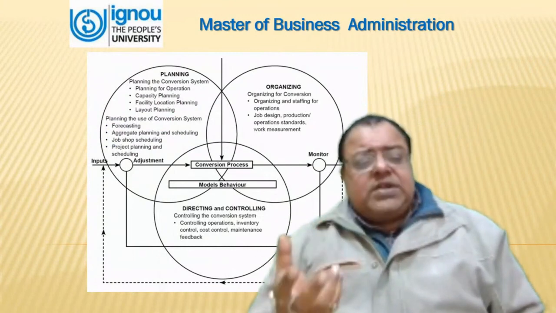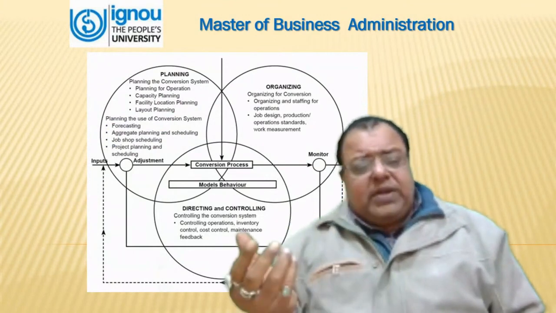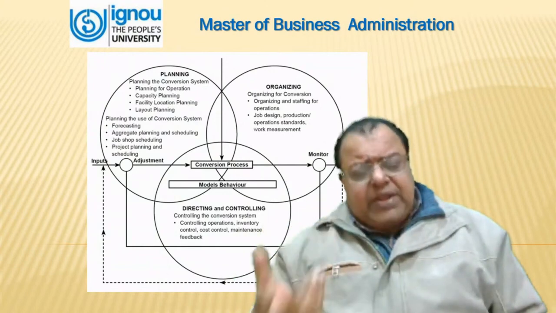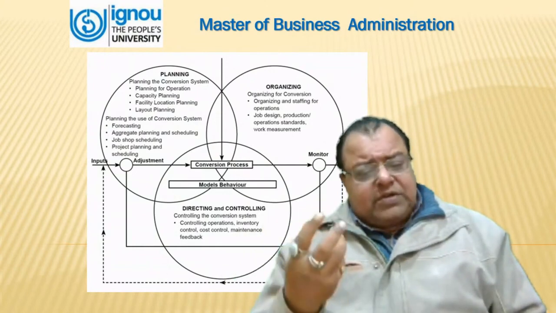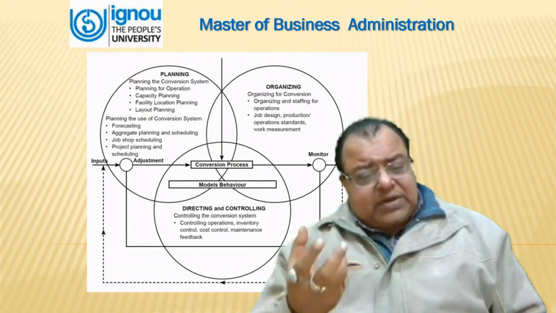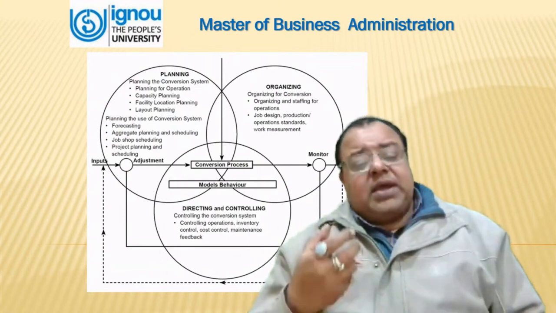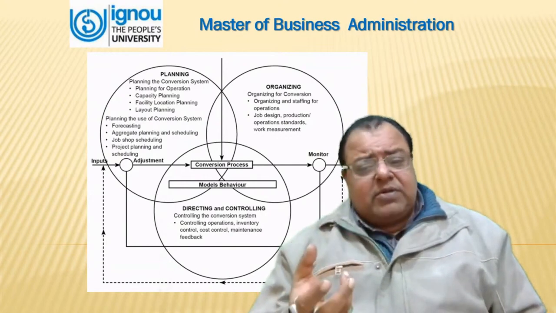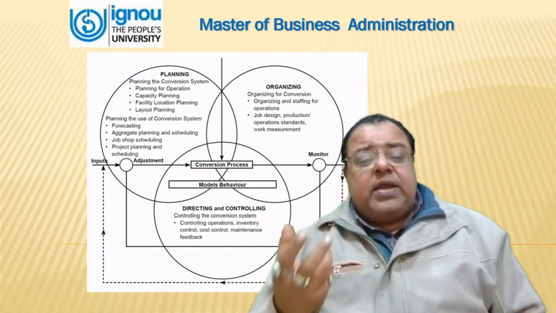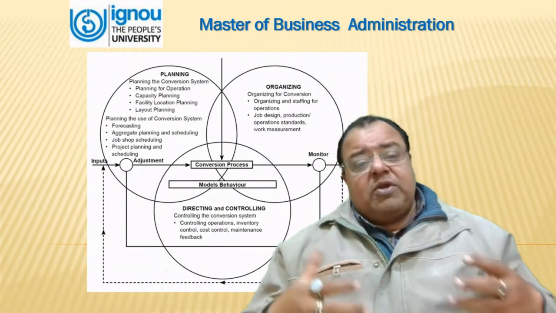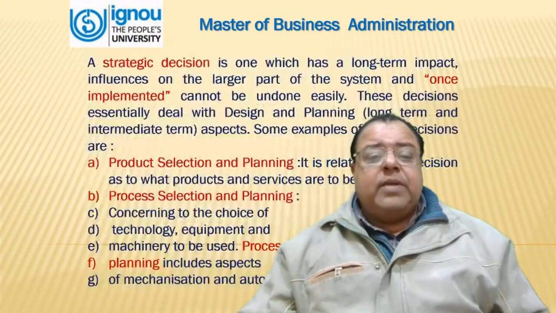Basically, in conversion of input to output, there are three things in between. First one, when the conversion process is taking place, adjustments are there, and after the conversion process, before the output part, you have to monitor it. This is how your production system works.